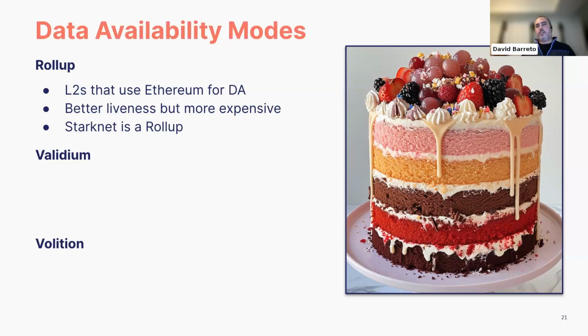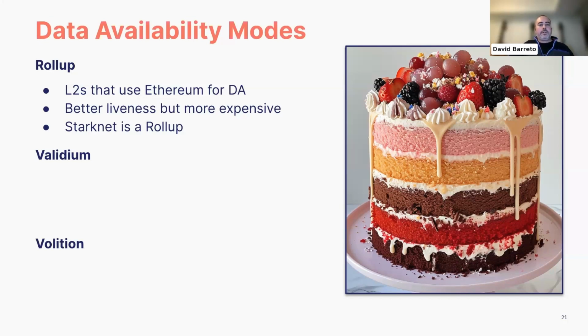It's not posted on Celestia, it's not posted to EigenLayer, because if they do that, automatically it will not be a rollup. Now, the benefit is that you will get better liveness, at least compared to, I don't know, sending the data off chain to some strange service. I'm not saying that Celestia or EigenLayer are not good, but we know that Ethereum has a very good track record. So it gives you very good liveness guarantees, but it's more expensive, way more expensive.